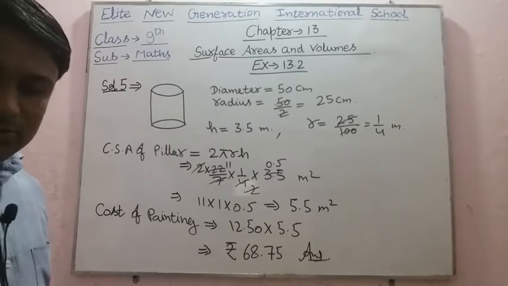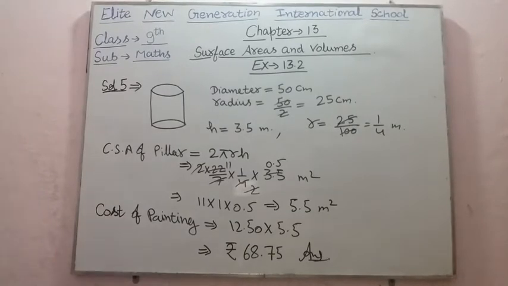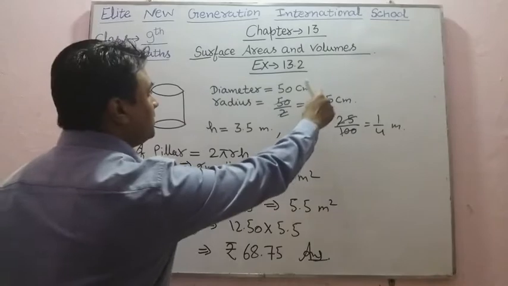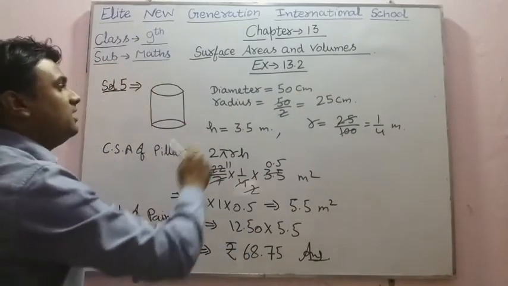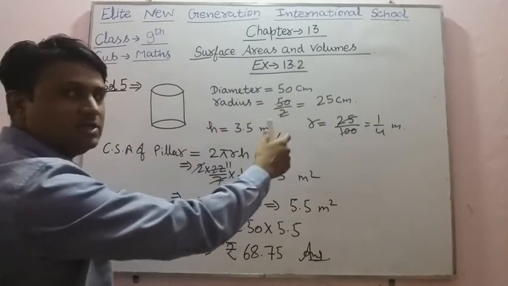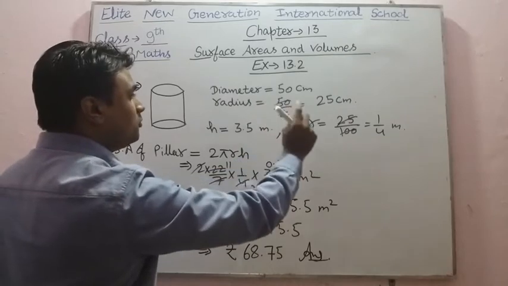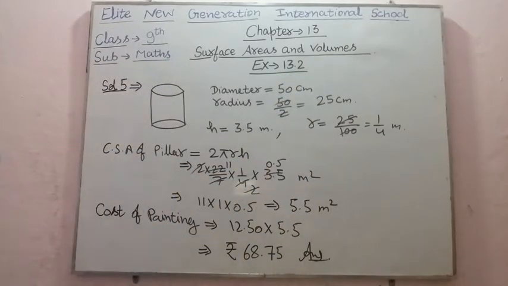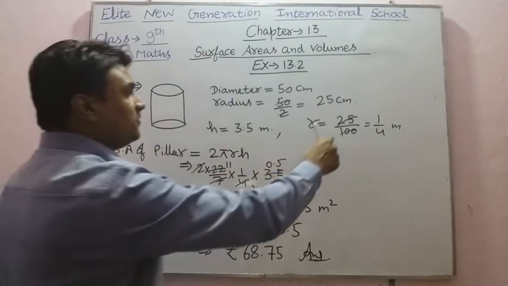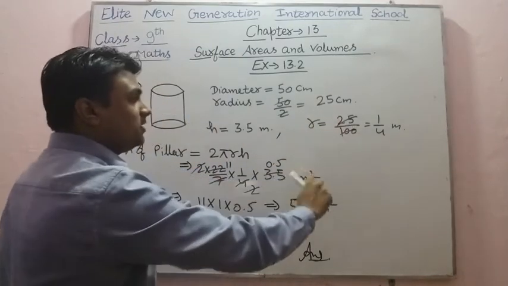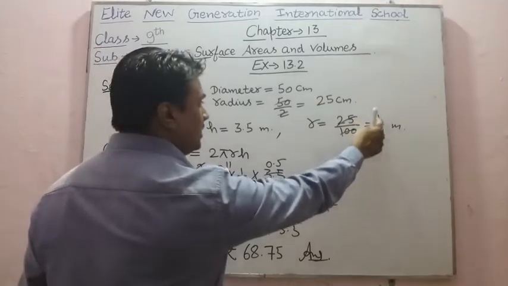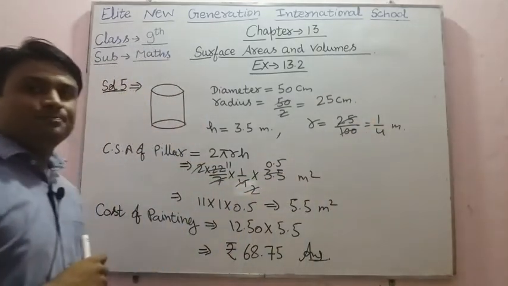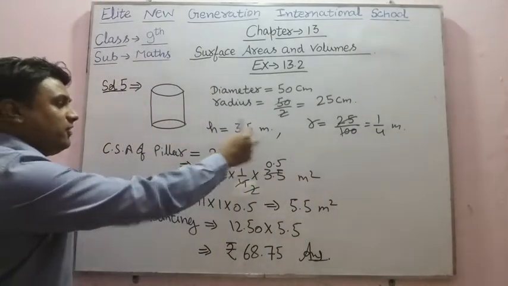First of all we have diameter equal to 50 centimeter, so we can find its radius will be equal to 50 upon 2, that is 25 centimeter. So radius is 25 centimeter and we can convert this centimeter into meter. So 25 upon 100 we can take as 1 upon 4 meter, and height we have given 3.5 meter.